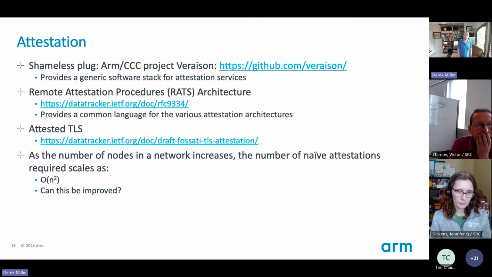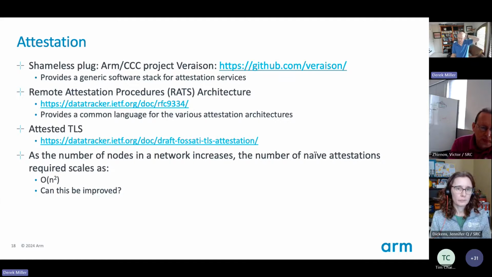What I've also mentioned before is the remote attestation procedures, RATS architecture, which is also being developed by the CCC. This provides a common language for the various attestation architectures and the players inside the attestation. Another shameless plug for some colleagues is the attested TLS solution, which basically integrates attestation into the TLS handshakes.